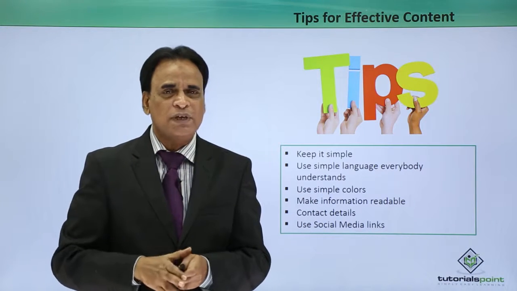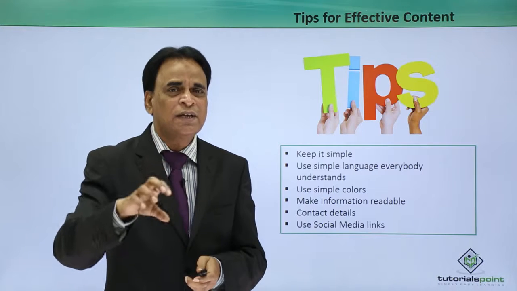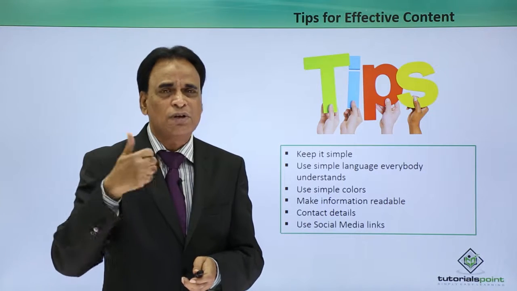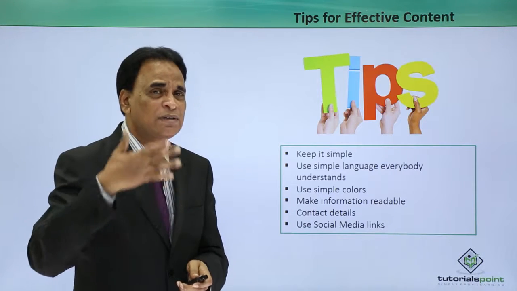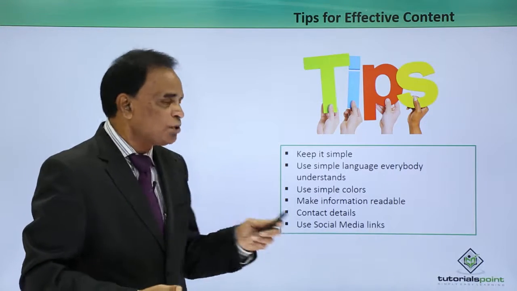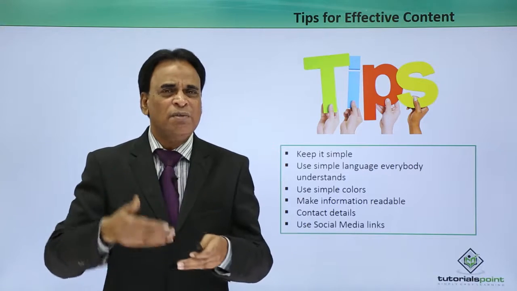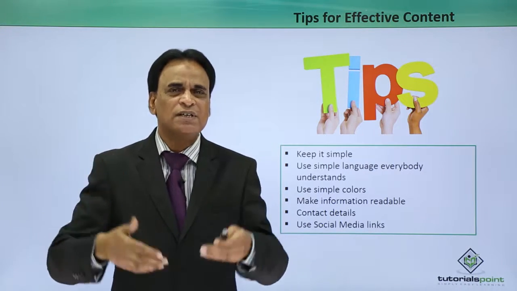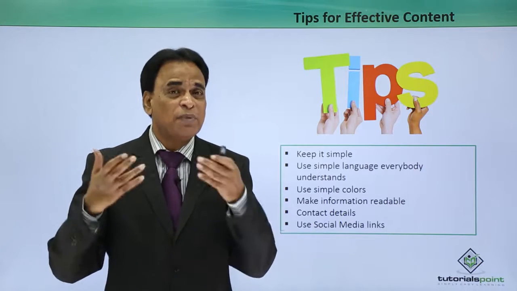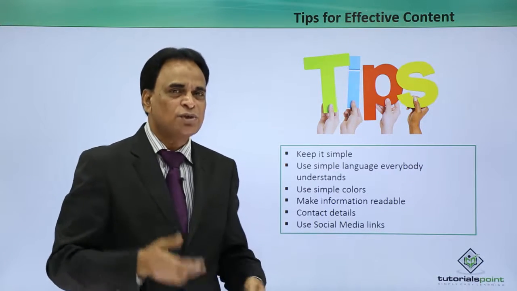Make sure that you provide the details of who you are, what your business is, and where your business is located, the zip code and everything. Use social media links. In the signature, use the Facebook, Twitter, LinkedIn and Pinterest links of your business pages.